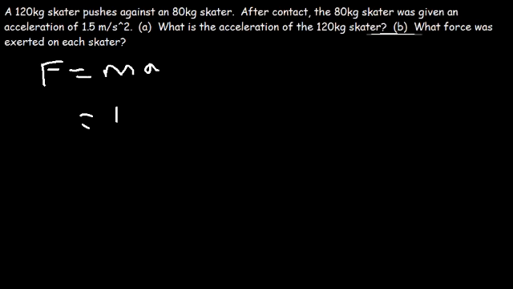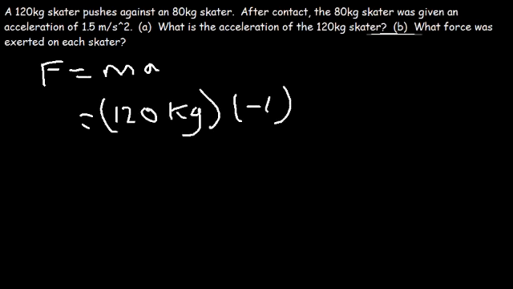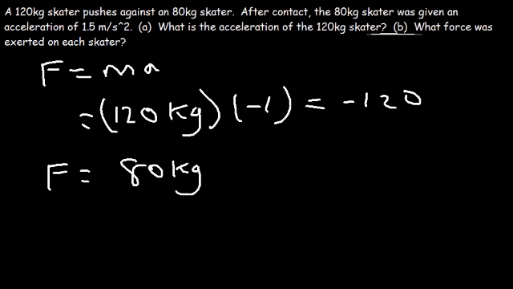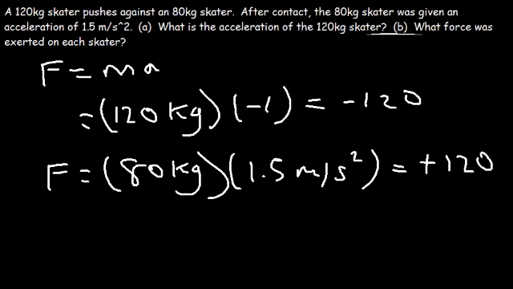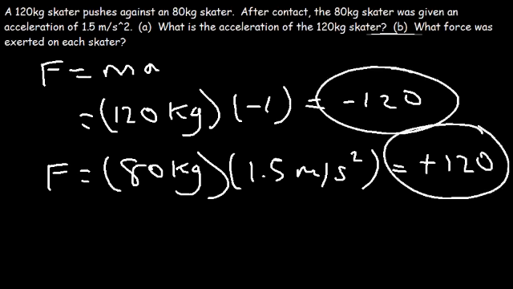So we can multiply the mass of the 120-kilogram skater by -1. That will give us a force of -120. Or we could take the mass of the 80-kilogram skater and multiply by his acceleration of 1.5, which is also 120 but positive. So these two forces are equal in magnitude but opposite in direction.